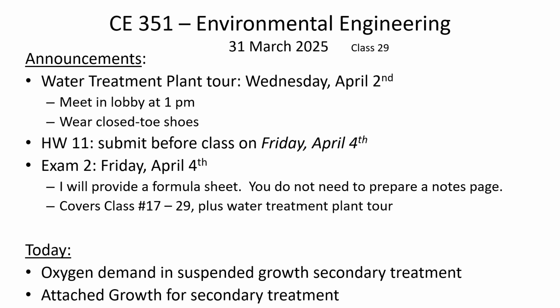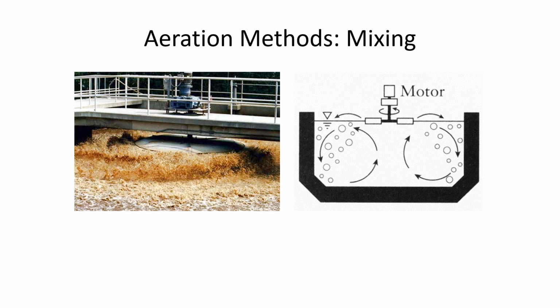All right. So today we're going to be talking about secondary treatment with attached growth. And remember, secondary treatment is primarily focusing on the removal of soluble BOD. It's the BOD that won't settle. And so these are just different ways to get that BOD reduced.